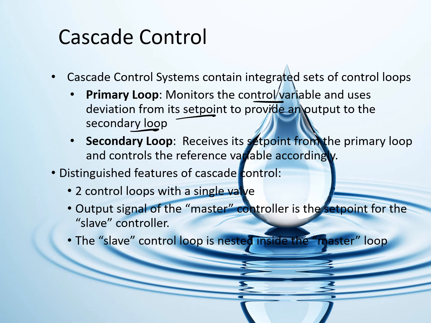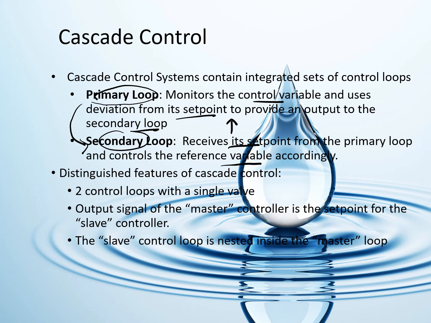For the secondary loop, it receives its set point from this primary loop and controls the reference variable accordingly. That means the output from the primary loop controller is sent to the secondary loop, and then the secondary loop controller will do a corrective action based on the data given by the primary loop.